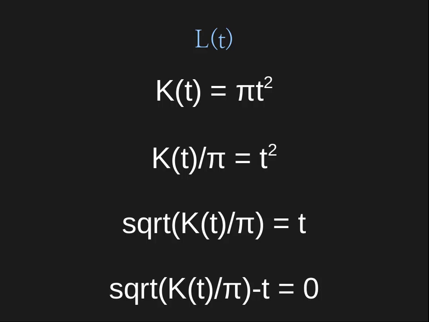What this means is that if we calculate a statistic this way, the expected value for the L statistic is 0 at all distances.